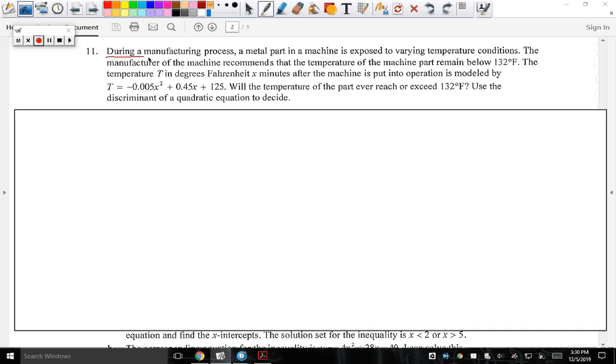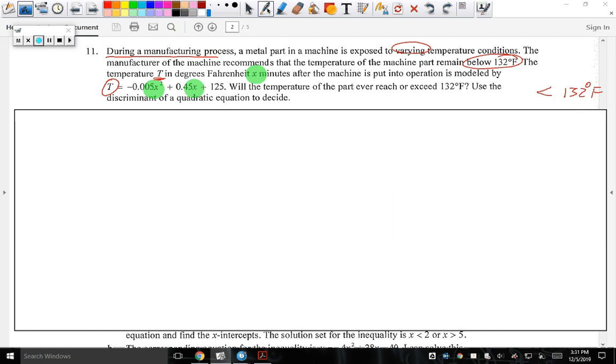So during the manufacturing process, we were looking at a metal part of a machine that is exposed to varying temperature conditions. The manufacturer of the machine recommends that the temperature of the machine part remain below 132 degrees Fahrenheit. So the temperature T, in degrees Fahrenheit, X minutes after the machine is put into operation is modeled by this.